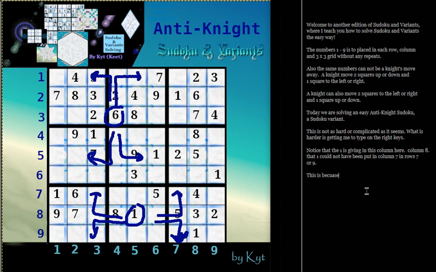This is because of the anti-knight rule, which means that a 1 cannot be a knight's move away from another 1.